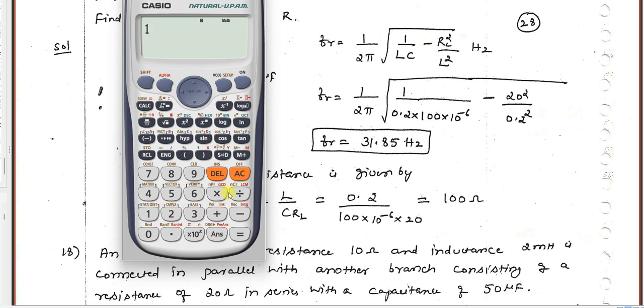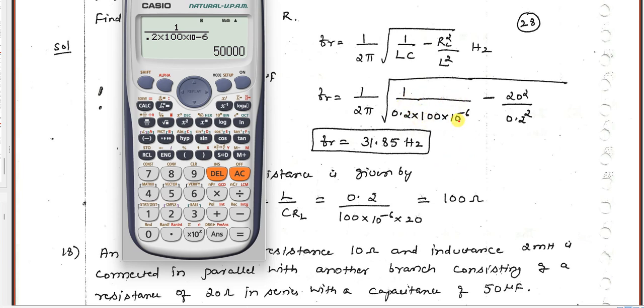So I will do one more thing. 1 divided by LC, 0.2 into 100 micro. This answer you have to note down. It is equal to 50,000.